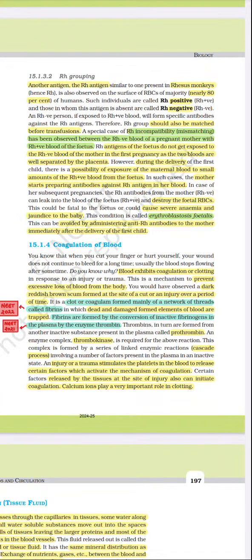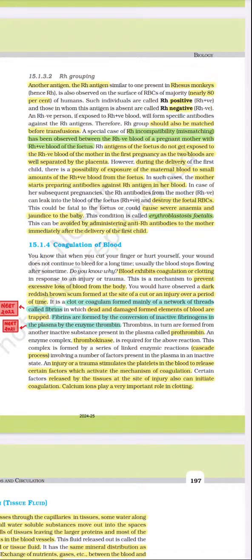This could be fatal to the fetus or cause severe anemia and jaundice to the baby, called erythroblastosis fetalis.